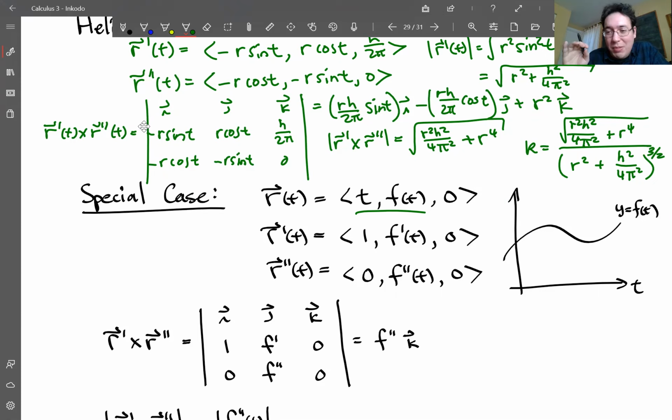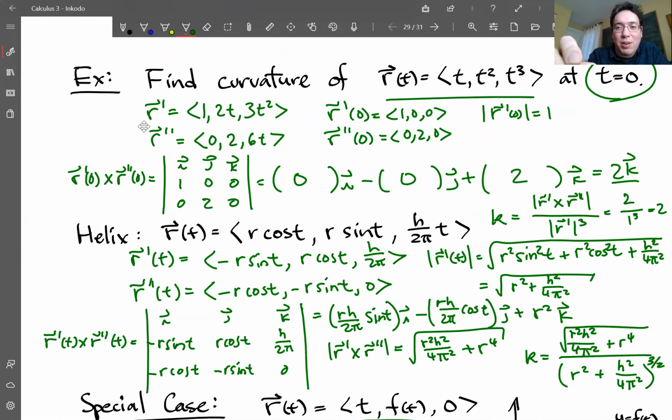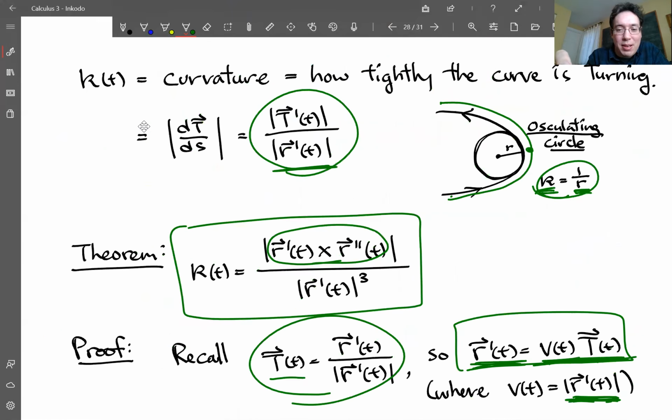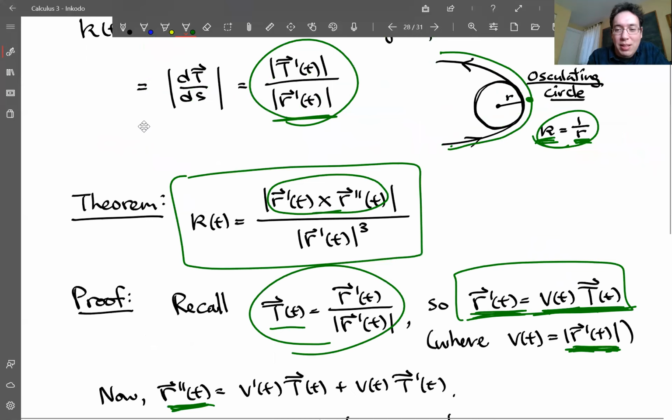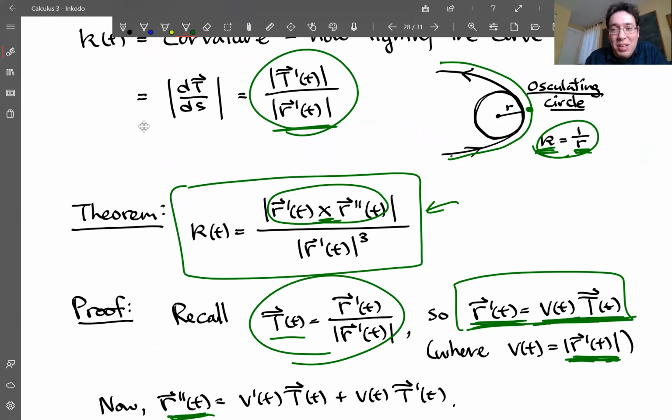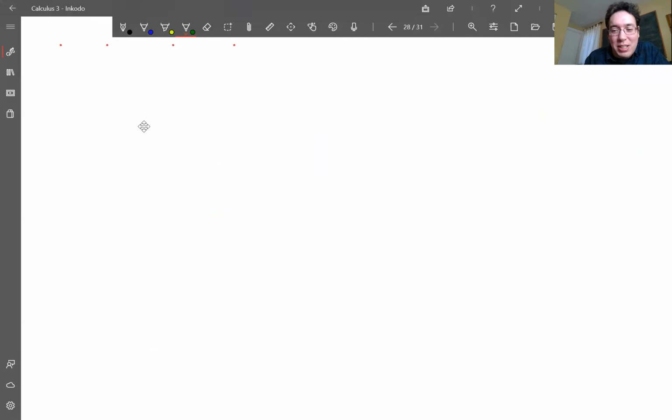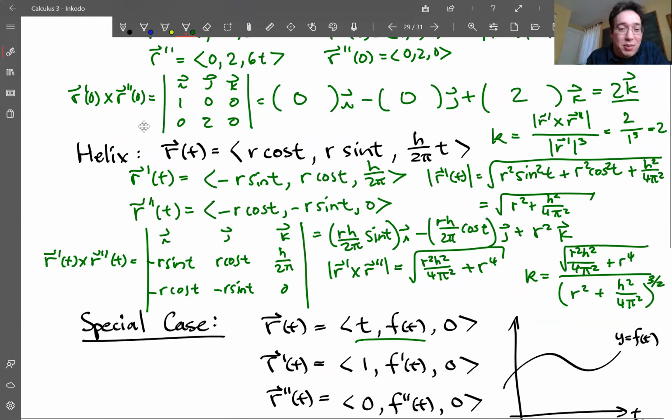And I'm going to use the formula for three dimensions, the formula that we just derived earlier. And the cross product only makes sense in 3 dimensions. So I'm just gonna tack on a third dimension by setting that z component to be 0.